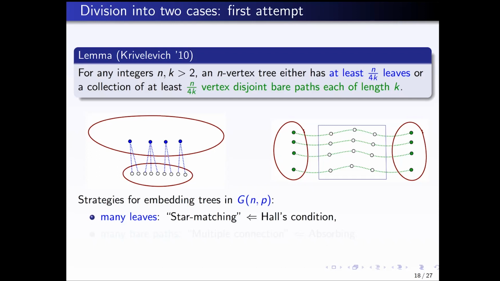For his result, the hard part is the case where your tree has many bare paths. This is done by multiple connection, and absorbing played an important role in his proof. That is the right-hand side picture. On the right-hand side, you have some set of ends of these bare paths, and you need to connect them simultaneously by vertex-disjoint paths, and you need to make sure of the exact lengths.